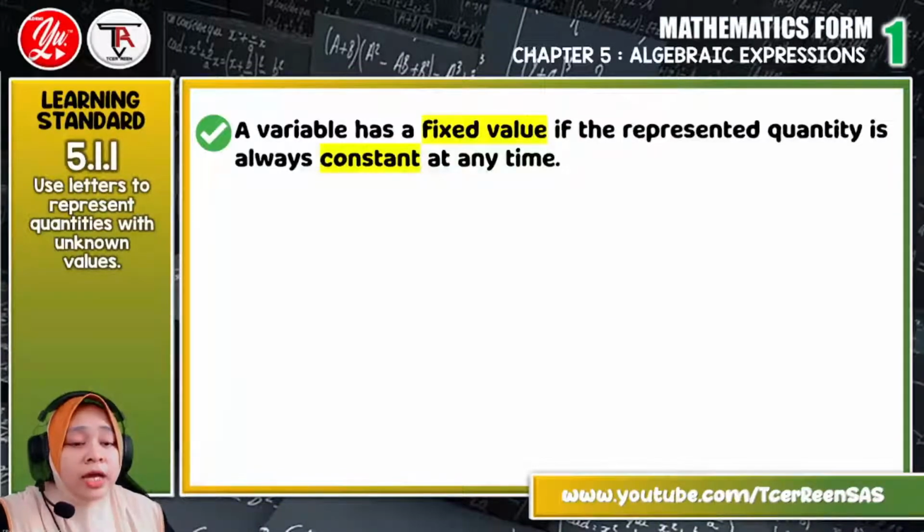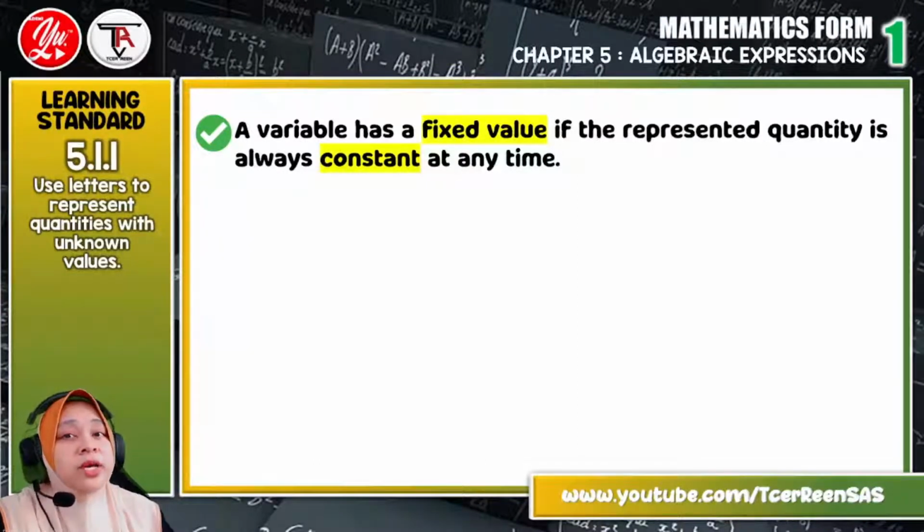Alright, a variable has a fixed value if the represented quantity is always constant at any time, never changes. So, from the situation that we have looked at before, Mrs. Alicia donated the same amount of money every month.